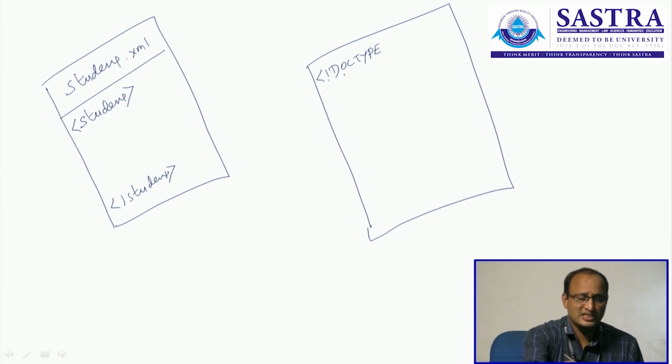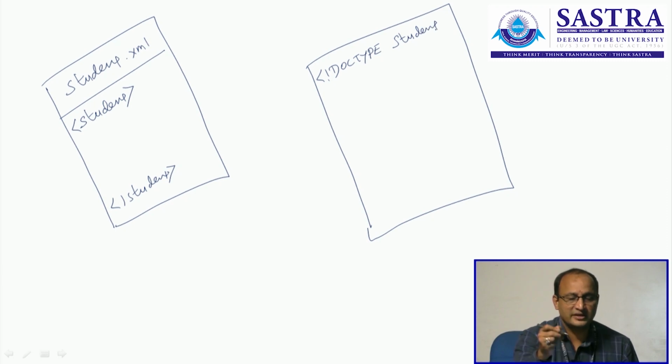Exclamation DOCTYPE space. What is the tag I have in my XML document? Student, starting with a capital S. Then I have a square bracket. Here I am closing the square bracket and also closing the angle bracket.